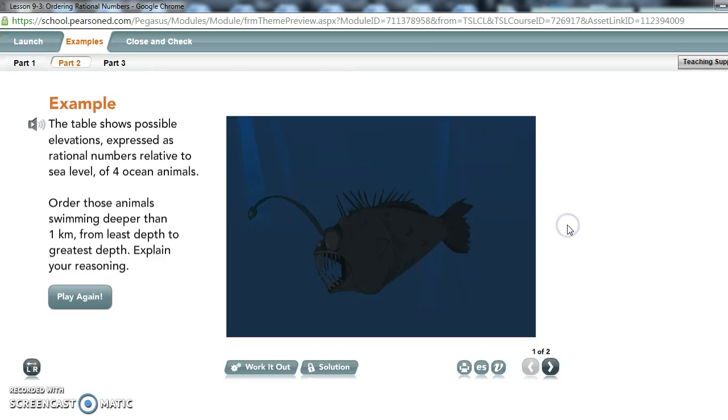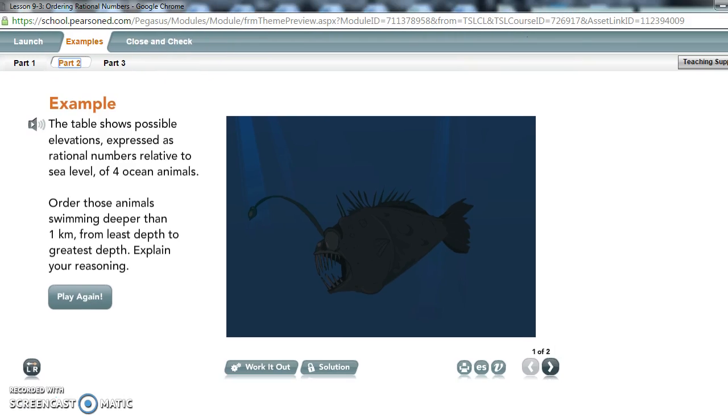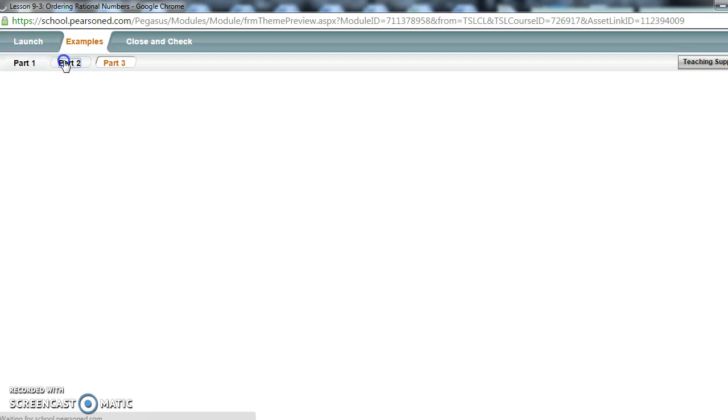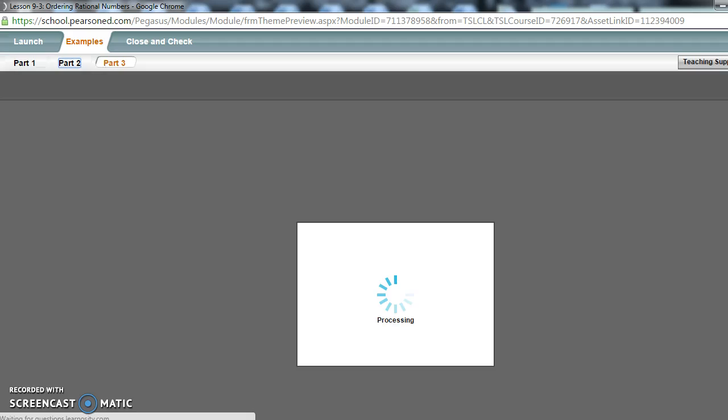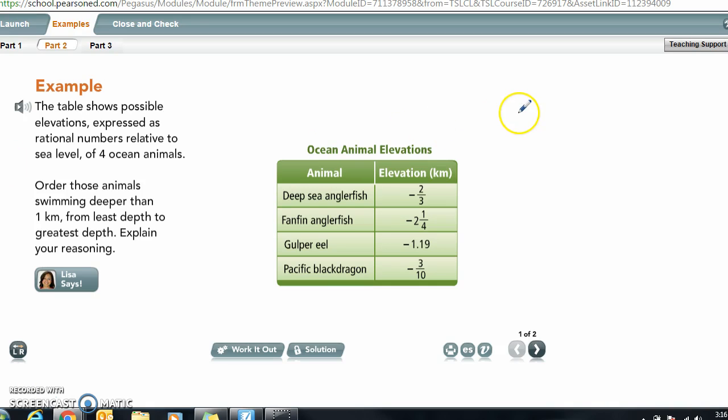Okay, so I'm going to go ahead and try reloading this here. So they want us to rank these from least to greatest. Well, I know looking at these are all negative numbers. So I'm going to draw this right here. And I'm going to call this 0, where I know that this is going to be sea level.